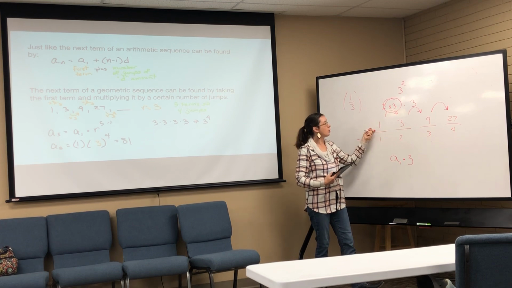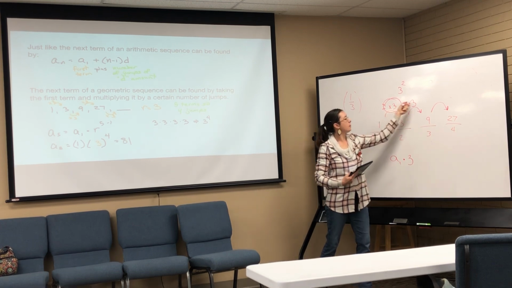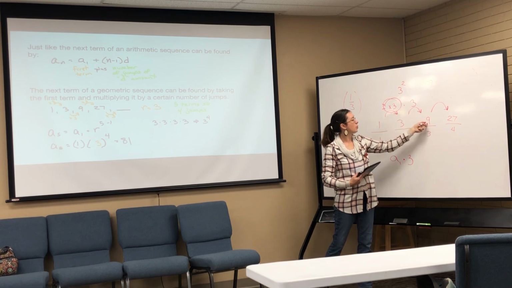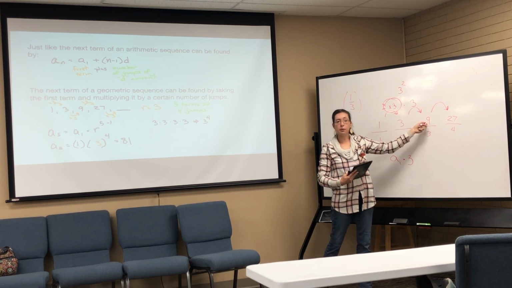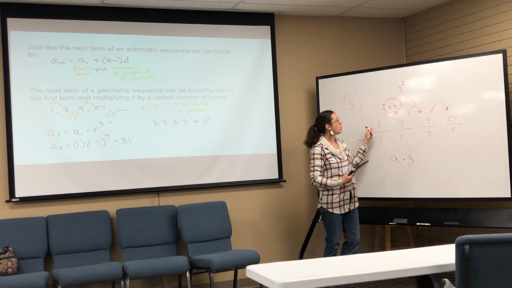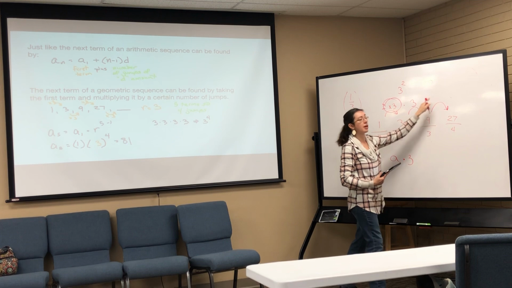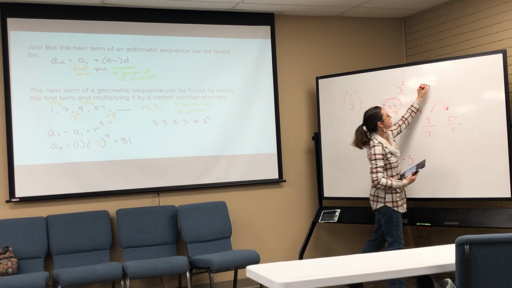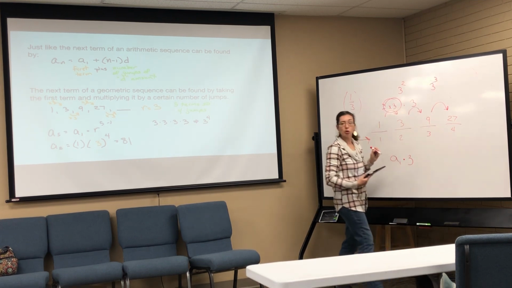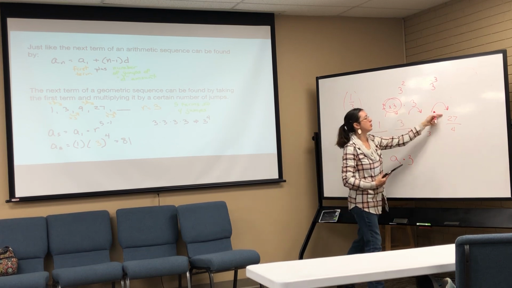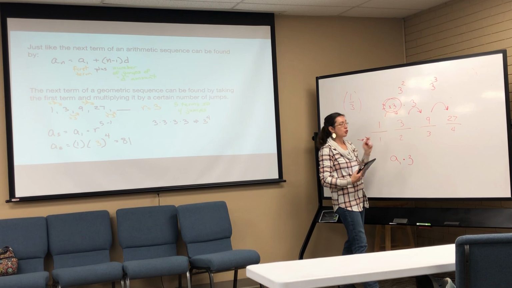So I would start at 1, jump 3 times 3, and get 1 times 9 and end up with 9. If I'm going from 1 to 27, I would have 3 times 3 times 3, which is 3 cubed. So I'd start where I'm at and multiply times 3 cubed.